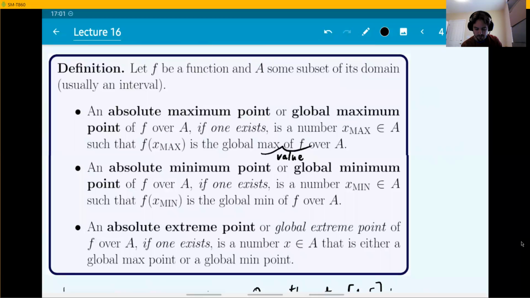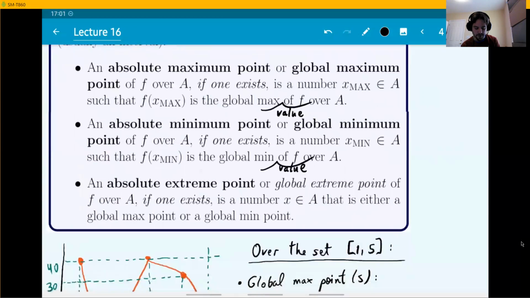Global max value, global min value. Right, so in the second piece here, it's the same concept, but for a minimum: a global minimum point is a location on the domain where f of that point is the global minimum value of the function.